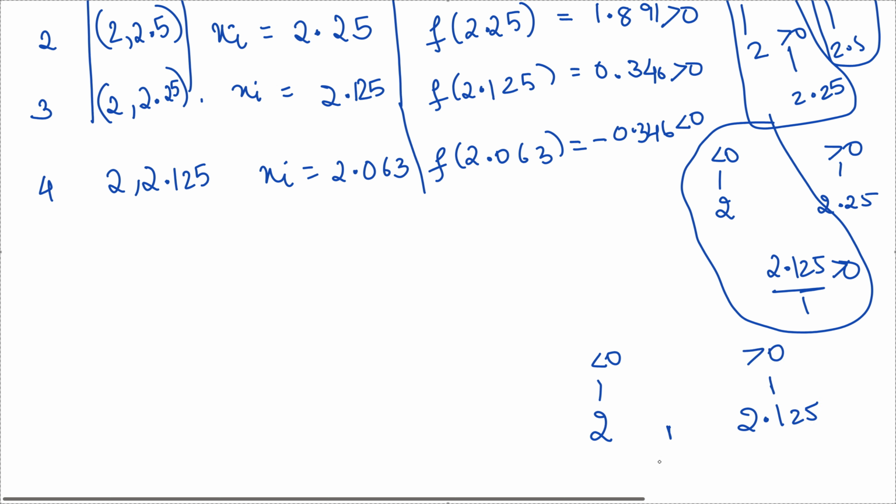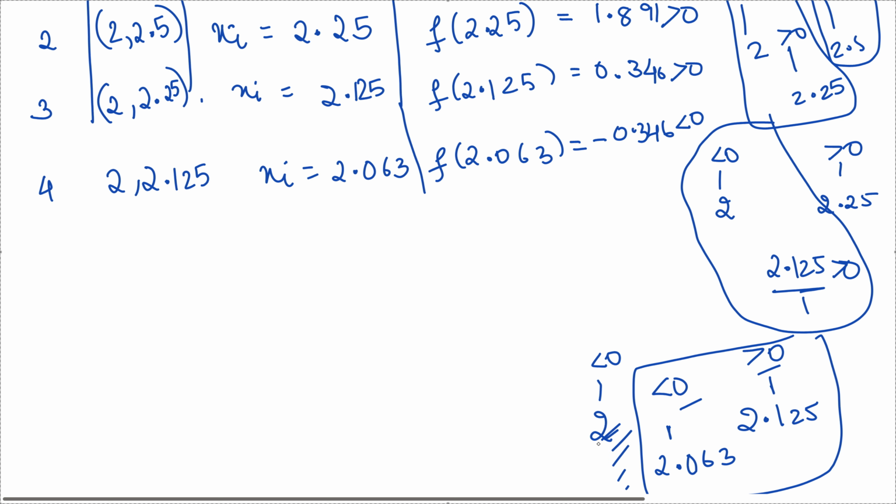Now we have in the middle 2.063. It is also giving less than 0. So we will shrink the interval and take one that is less than 0 and the other greater than 0. So we will not take this part because this part will not be helpful for us anymore. So now we are shrinking the interval this side.